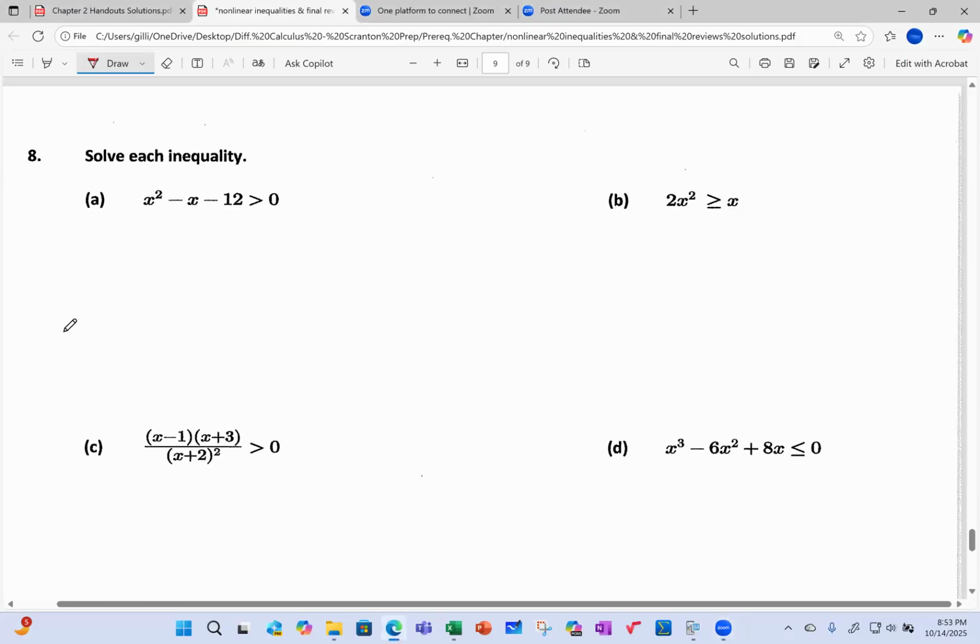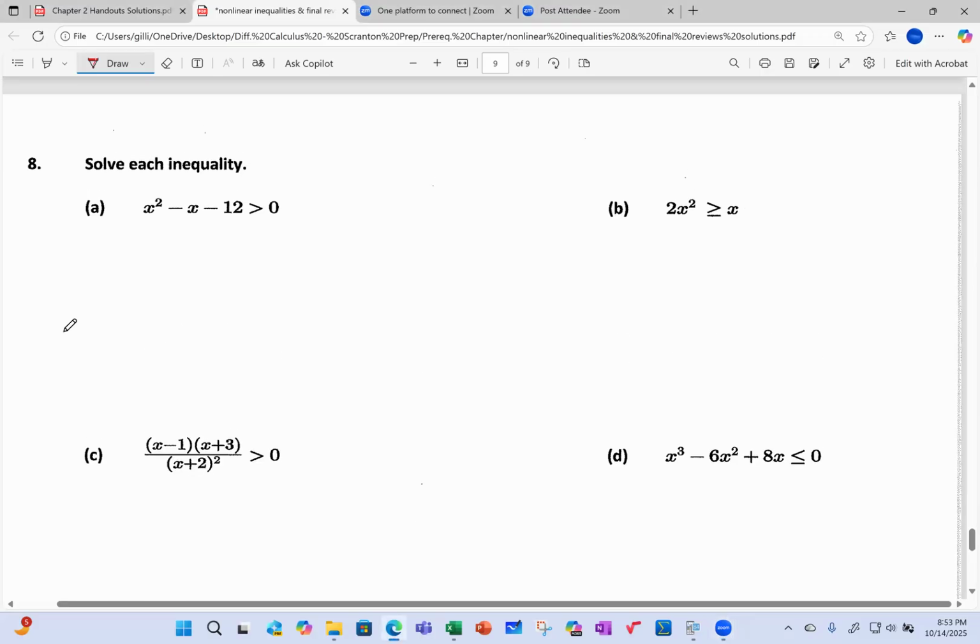Okay, so now in this next to the last part, we're just going to solve these inequalities. So the first part is set to 0. I'm going to factor.